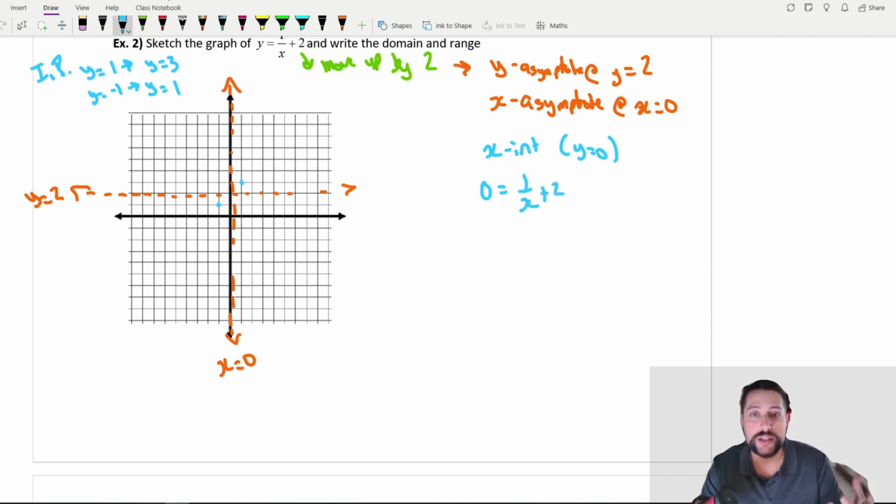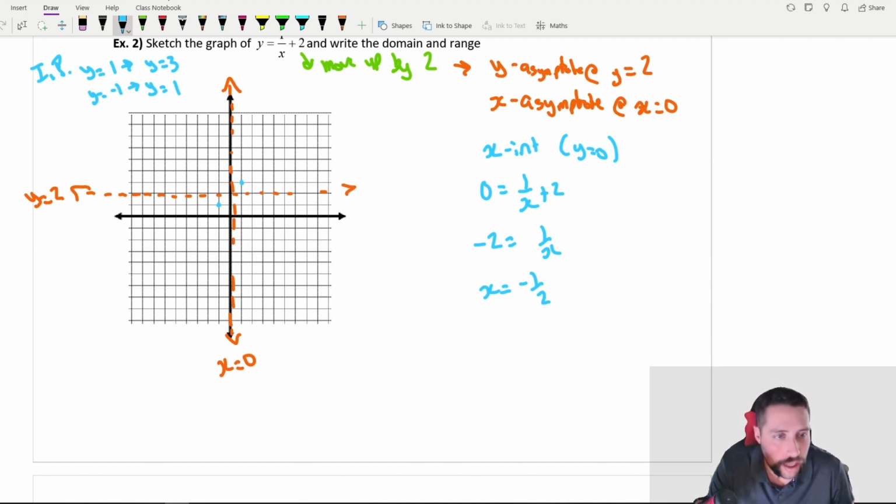In this case, we'll move the 2 to the other side, so it's now -2 is equal to 1 over x. In this case, you can switch spots, so the x will switch spots with the -2, so that x is equal to -1 over 2. So that's our x-intercept.